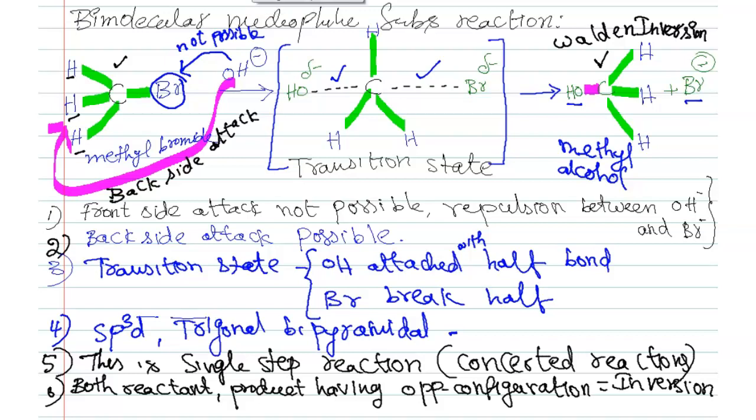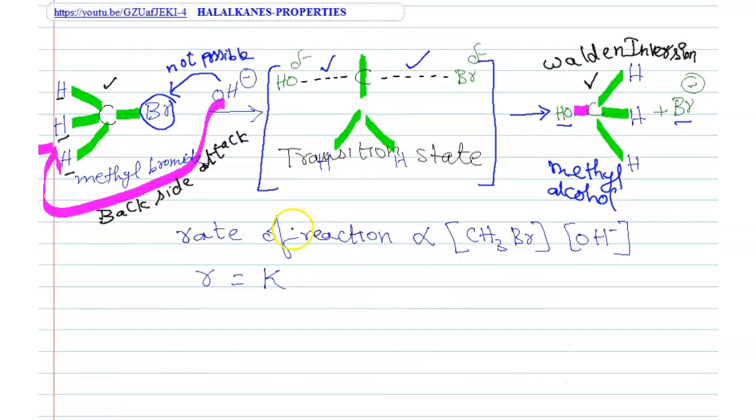The transition state we cannot consider as a separate step. This is our assumption, hence this is not multi-step. This is a single step reaction only. So bimolecular nucleophilic substitution is a concerted, single step reaction. The rate of the reaction is directly proportional to the concentration of reactants, here only CH3Br and OH minus.